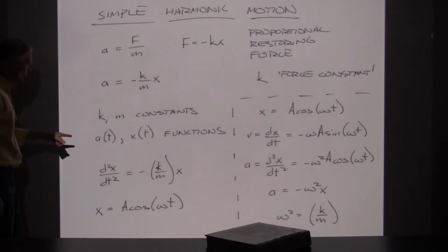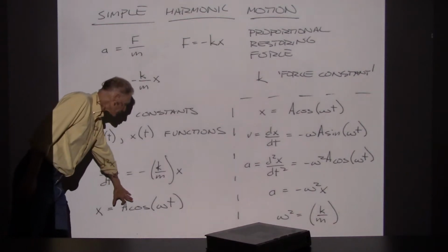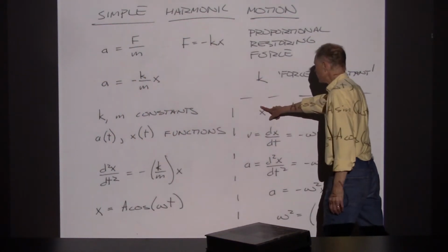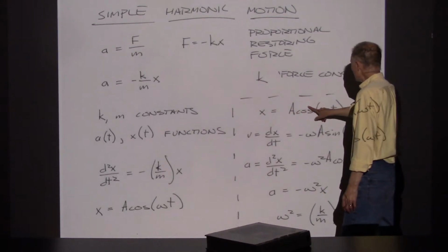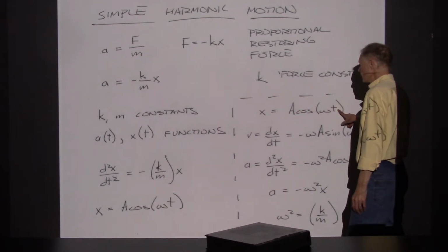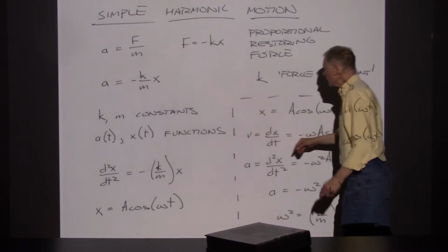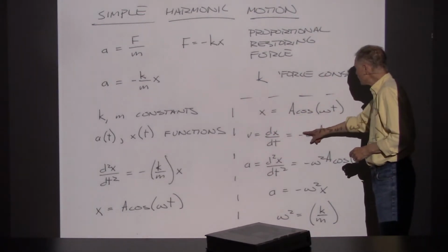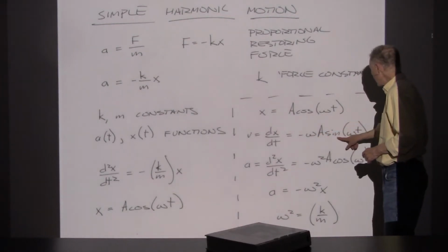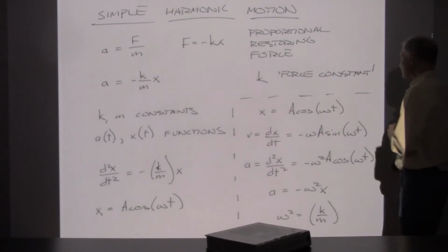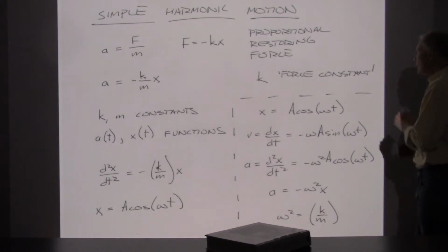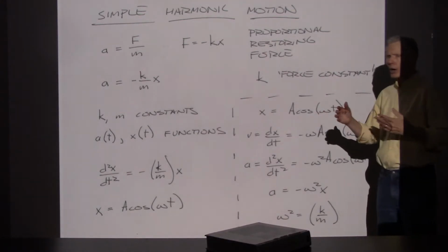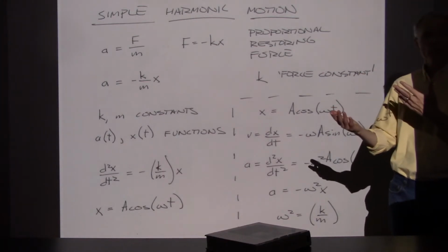Now, the solution to this is a sine or cosine. Let's see how that works. Let's say that for our displacement function, we're going to say that's a cosine of omega t. That means the velocity is the first derivative, which will be minus omega A sine omega t, and that tells us how the velocity is changing. Now notice, sines and cosines are out of phase with each other.